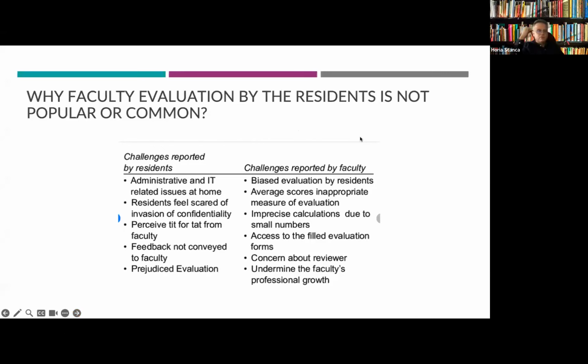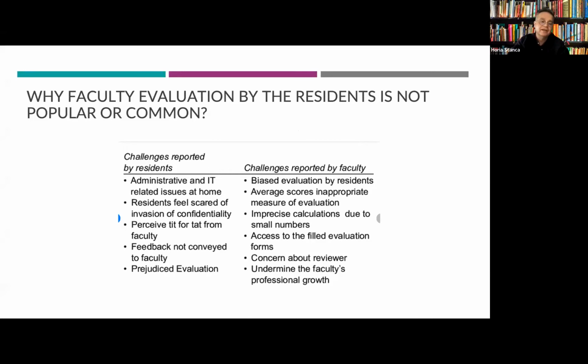Meena, if you allow me, I could comment about the evaluation of the faculty, because actually we don't have an evaluation of the faculty for the residency system. So there is not an institution to evaluate the faculty.